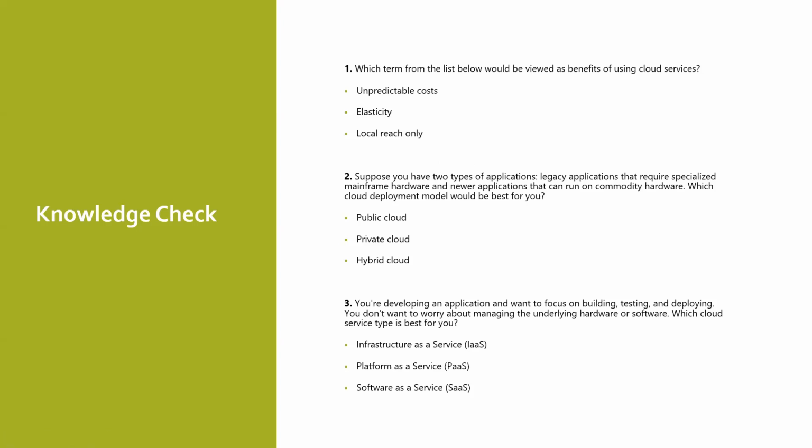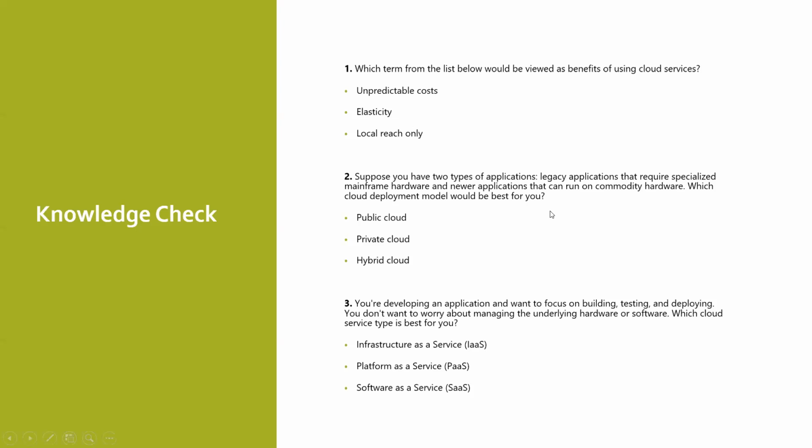But let's go to the next option, local reach only. Cloud services have data centers all over the world. Azure has 56 regions. So local reach only is a wrong option. The right answer is elasticity.